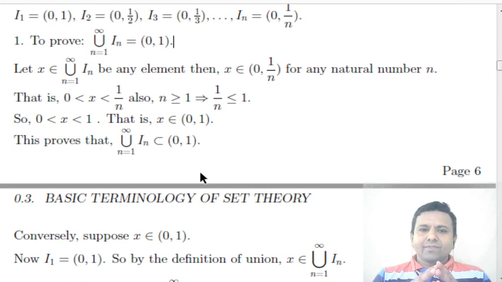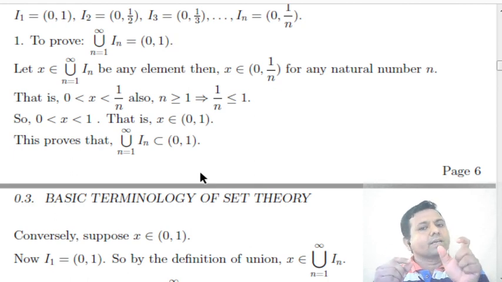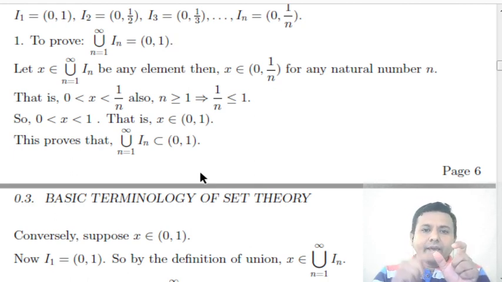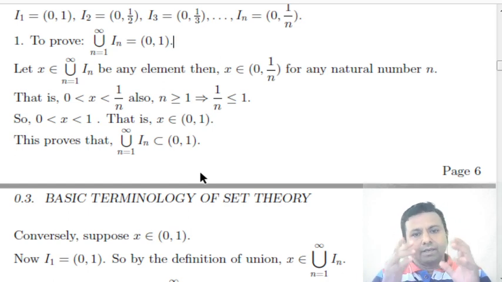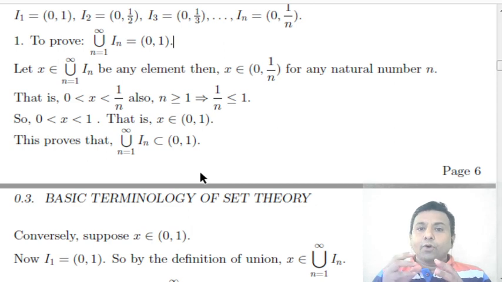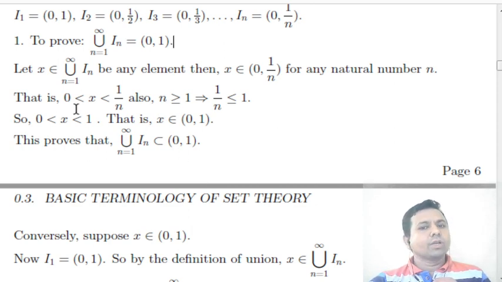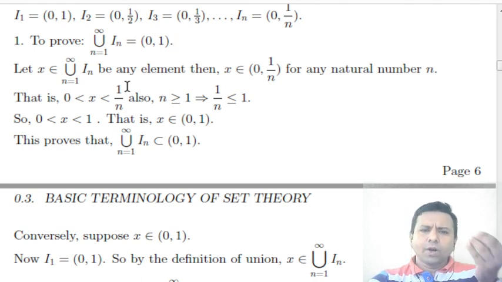In set theory we know that to prove two sets are equal, we first prove that A is a subset of B and then prove that B is a subset of A. So let's start. For any x belonging to the union of In, by the definition of union, x belongs to one of them.